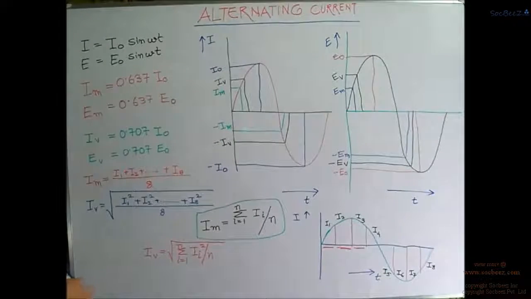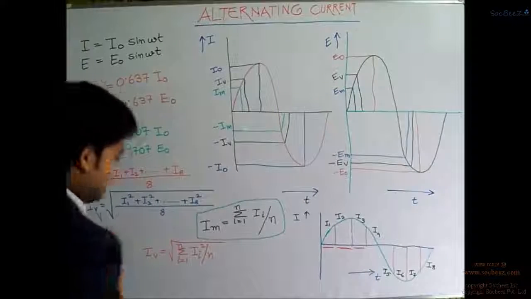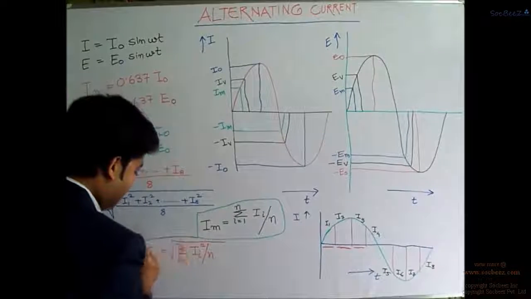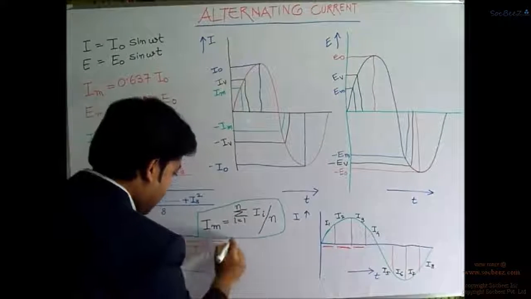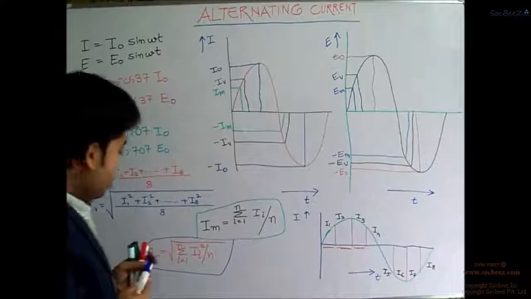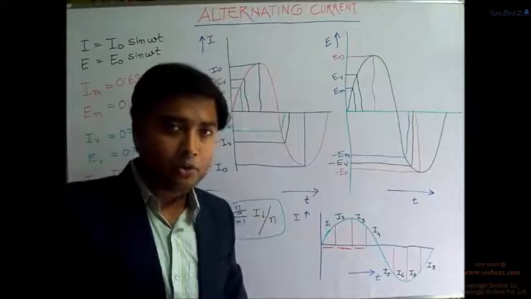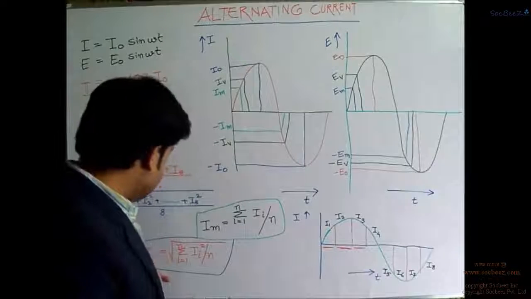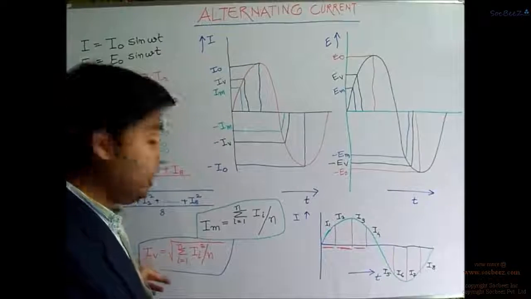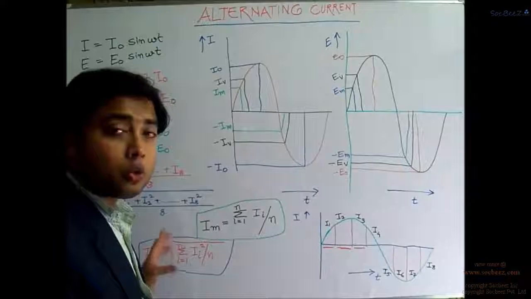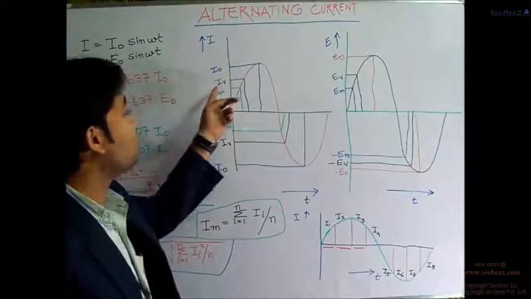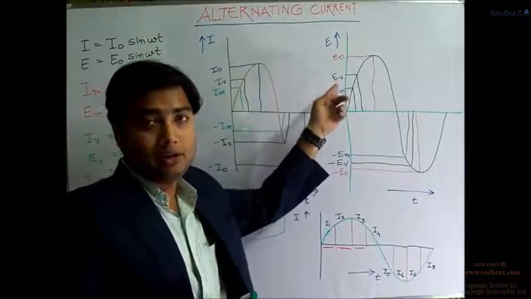So divided by n. This is what is represented by the effective value or the virtual value, or the RMS or root mean square value, denoted by IV or EV, right?